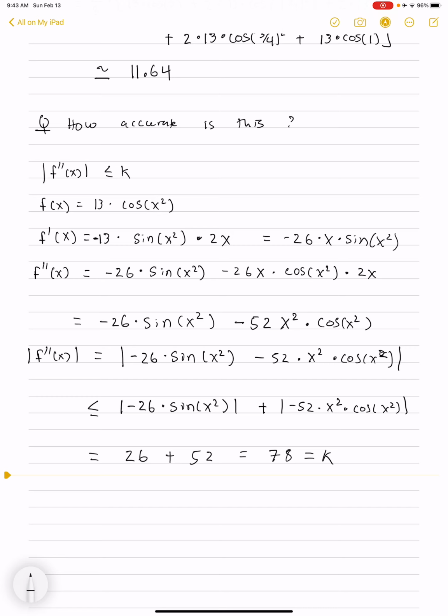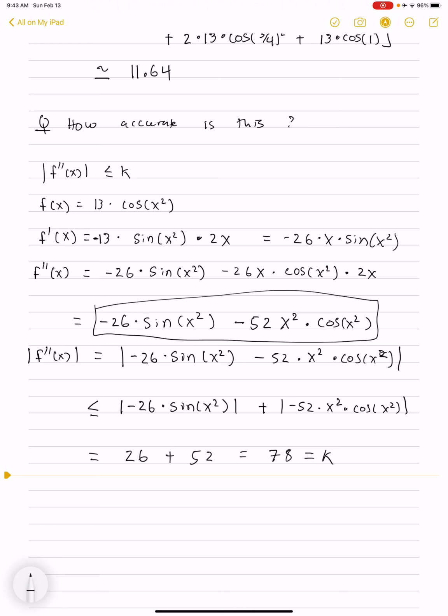So we start calculating derivatives. We calculate f double prime in the bottom here. Then I take the absolute value of f double prime. I take the absolute value of each term. I see each term is less than 26 and 52. I add those terms together, and that's the value of k that I use.